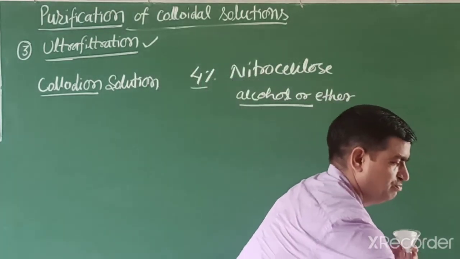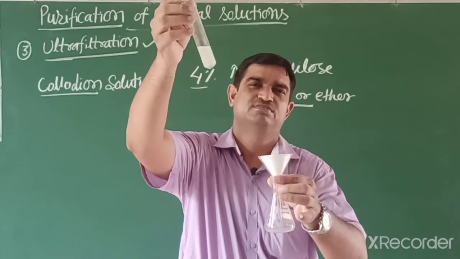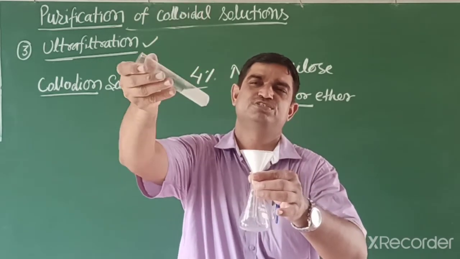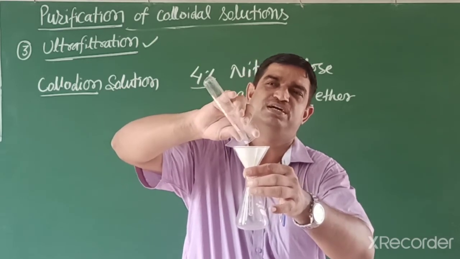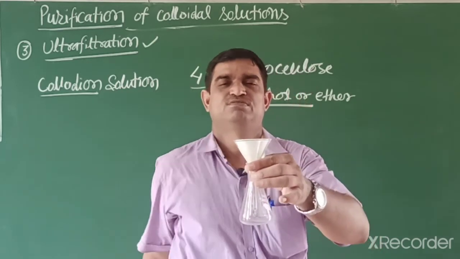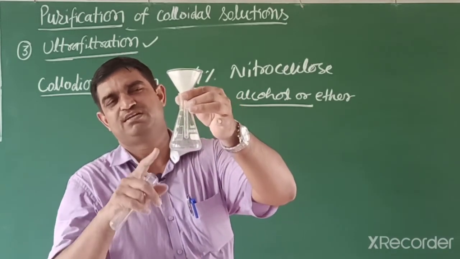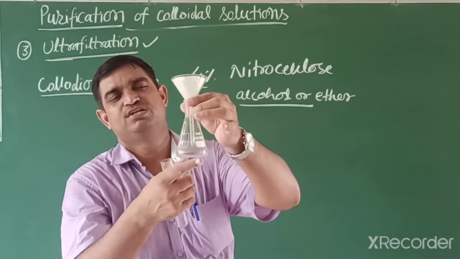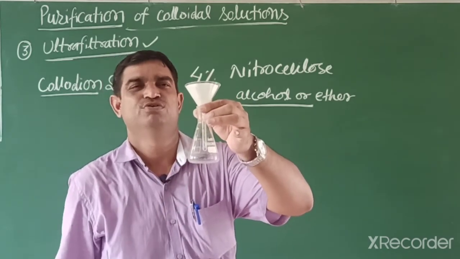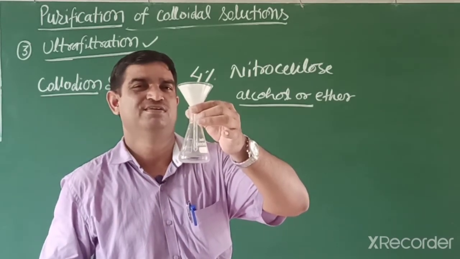Now I want to filter this silver iodide solution, which has some precipitate. What happens? The colloid as well as solution particles can pass through. So this one is silver iodide colloidal sol. But the suspension particles remain above on the filter paper.